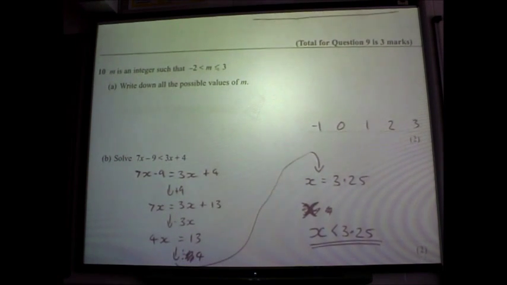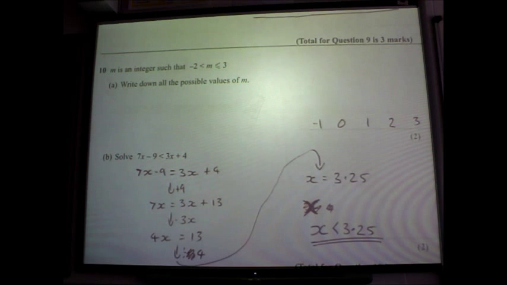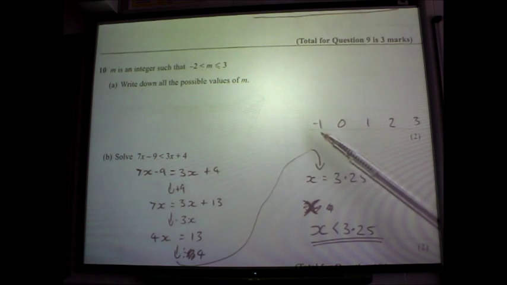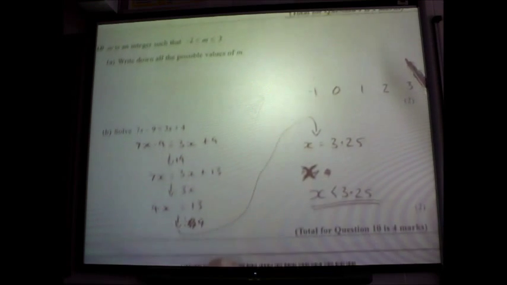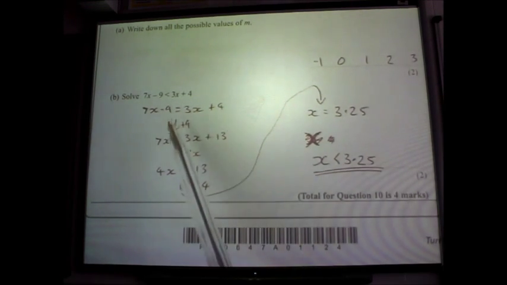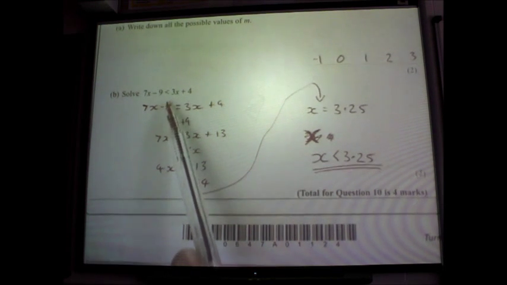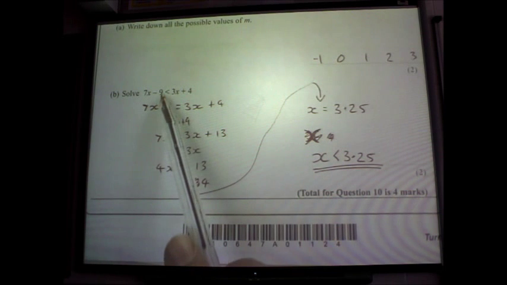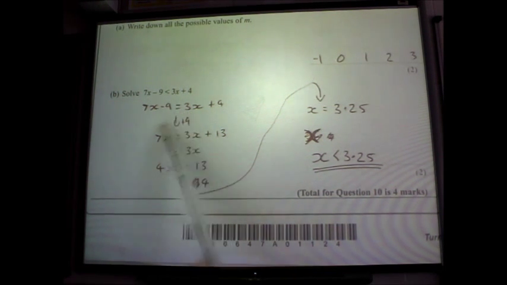Next one, question 10. M is an integer such that it is greater than -2 and less than or equal to 3. So the ones in between should be -1, 0, 1, 2 and 3. This one down here, we have done it before. First thing you need to do, and you see in the step I've done here, take out that inequality sign, just put an equal sign in. It's exactly the same, but now we're going to get x on its own.